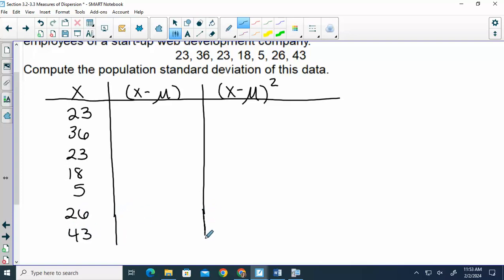Can you guys look back in our notes from yesterday? What was the mean of this set when we did it yesterday? Anyone have that handy? I guess we could recalculate it too.